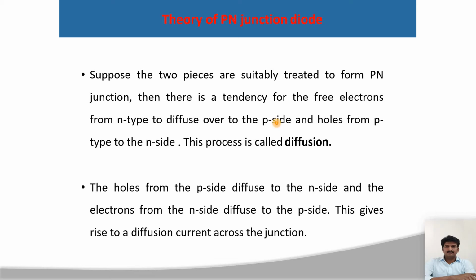This process, majority carriers of n-type diffusing to the p-type and majority carriers of the p-type diffusing to the n-type, is called the diffusion process. The holes from the p side diffuse to the n side, and the electrons from the n side diffuse to the p side. This gives rise to diffusion current across the junction.